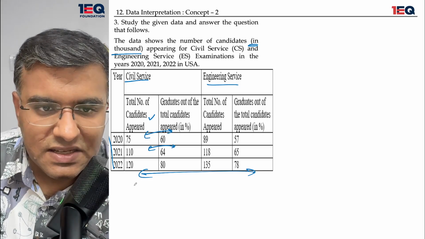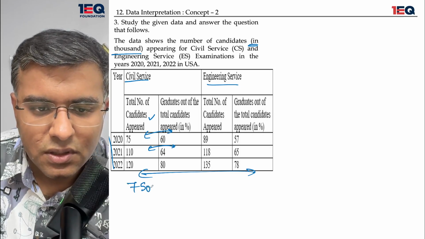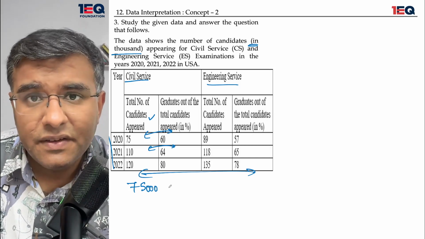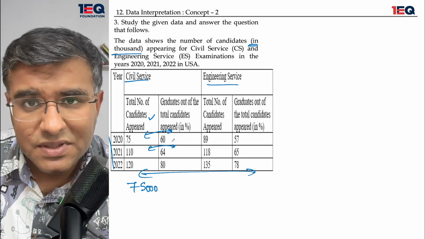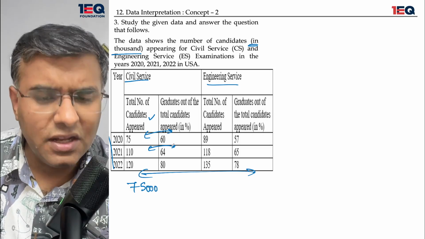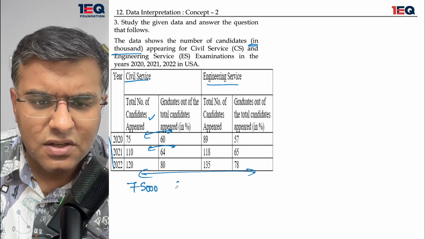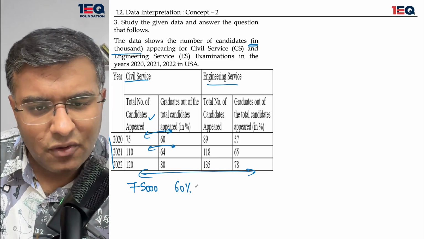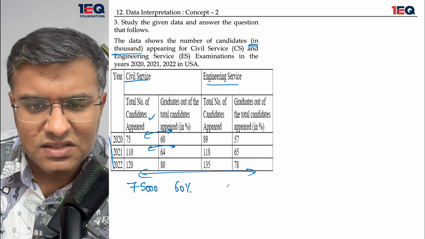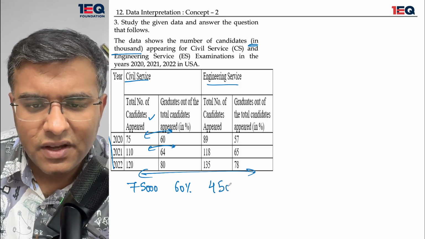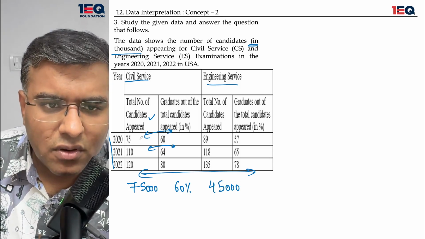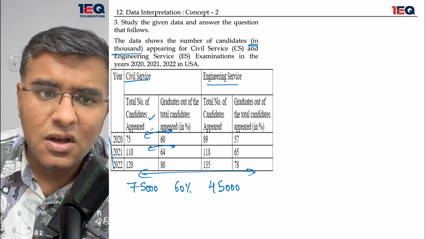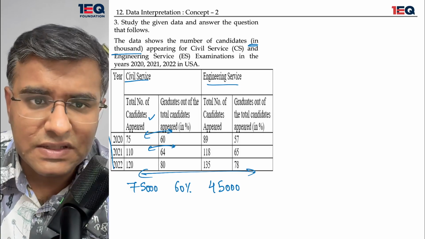The relationship says that if 75,000 candidates appeared in 2020, out of these 75,000, 60% are graduates. So just finding it out: 7 6 are 42 and this 3, so this means 45,000 students for the year 2020 were graduates who also appeared for the civil services examination.